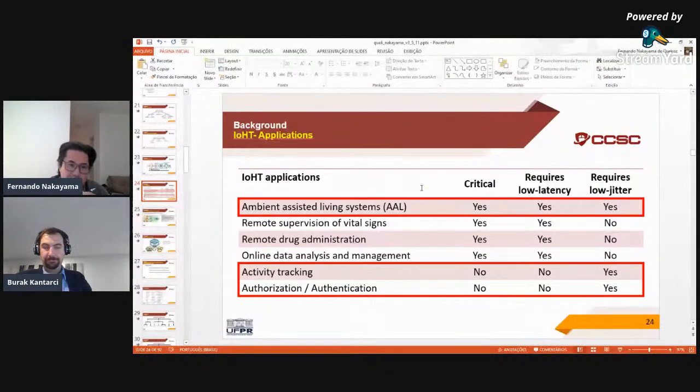So I understand your point of view, but our idea was that the authorization and authentication were not critical because they don't represent a life-threatening situation. I see. Okay. All right.